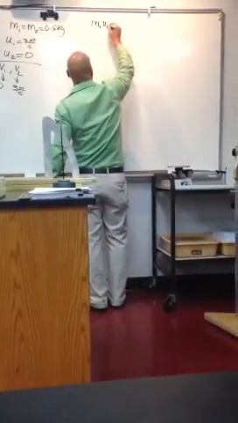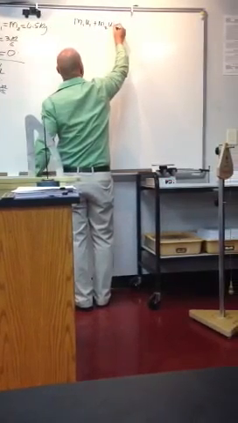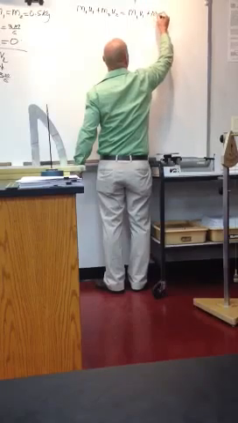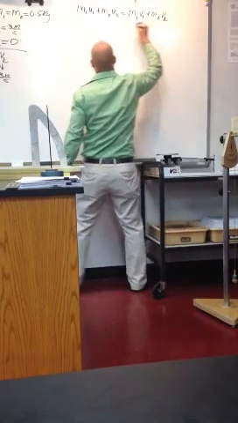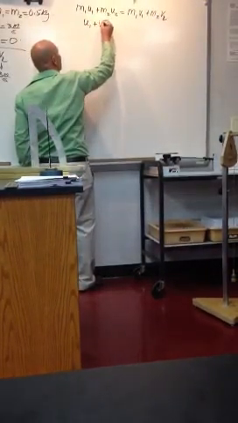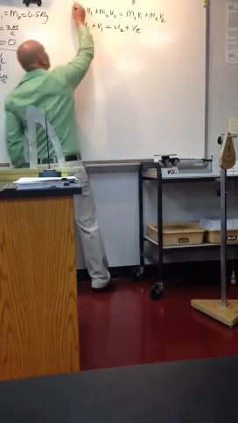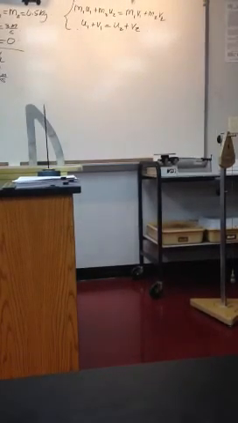M1 U1 plus M2 U2 equals M1 V1 plus M2 V2. This is my first equation, and my second equation will be U1 plus V1 equal to U2 plus V2. These are my simultaneous equations for elastic collision.